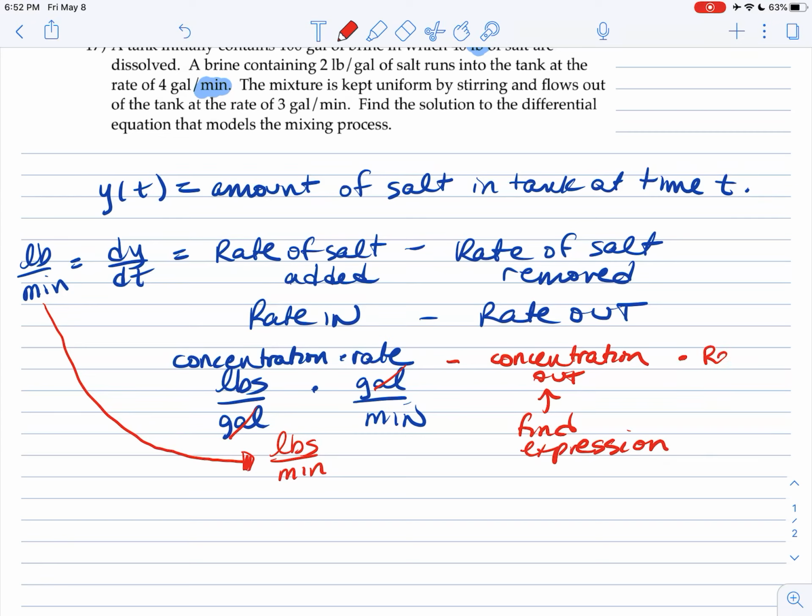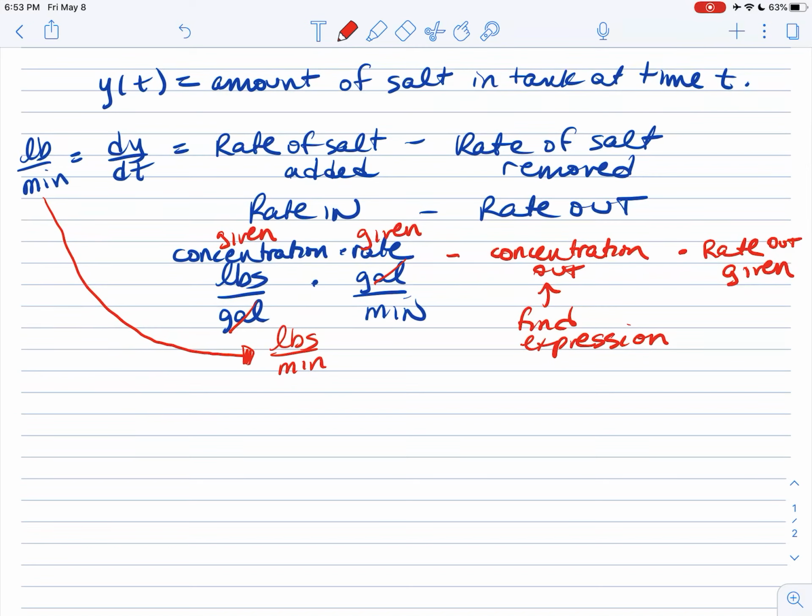That's the hardest part of setting up the equation, but the rate out is usually given as well. Normally the concentration and the rate coming in are given in your problem, and it's just a matter of figuring out what the concentration out would be.